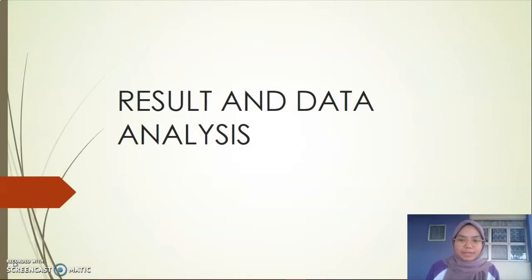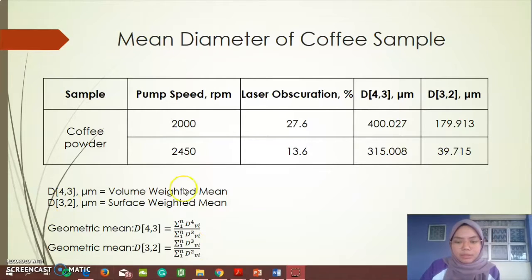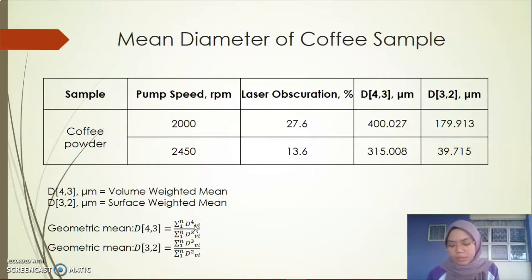Okay, so next moving on to results and data analysis. This is the table of the coffee sample. As we can see here, the value of D43 is higher than the value of D32 for both pump speeds. This is because D43 is the volume weighted mean, where the summation of mean diameter power 4 is divided by the summation of mean diameter power 3.